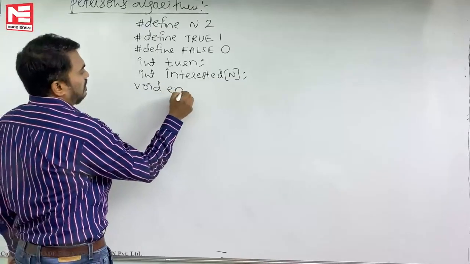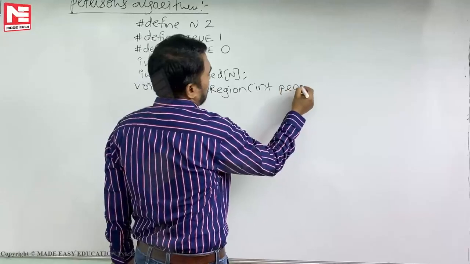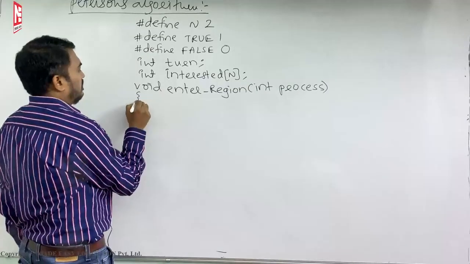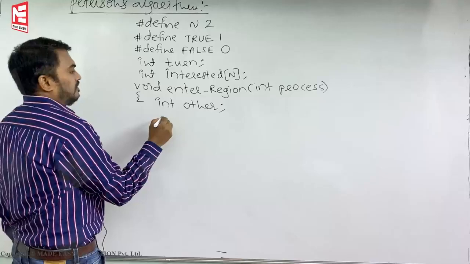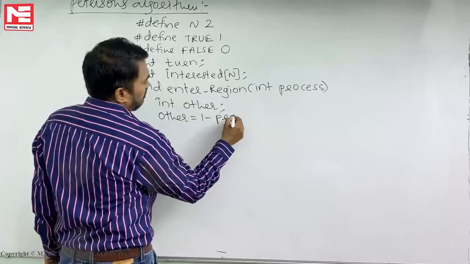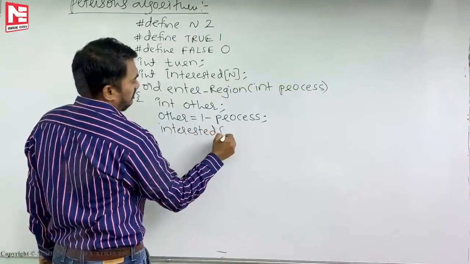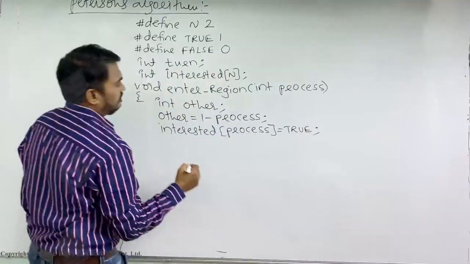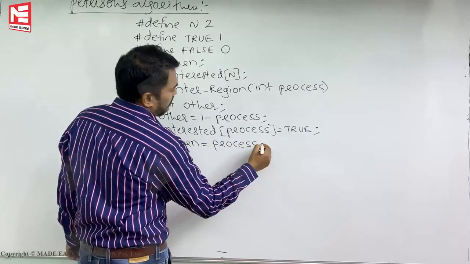Next, void enter_region(int process), int other, other = 1 - process, interested[process] = TRUE, turn = process.